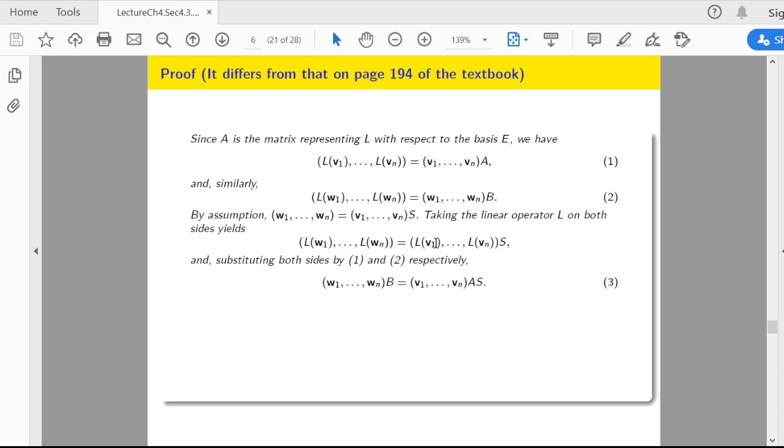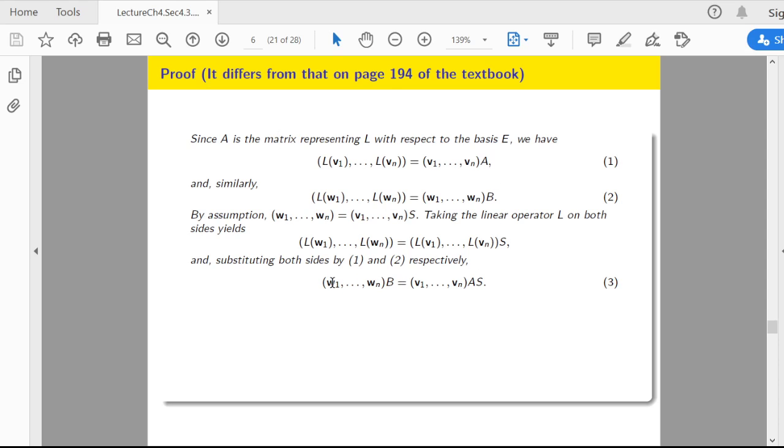For this equation, we do the substitution. Now take a look. The left side is the same as the left side of equation 1. So we substitute the left side by this one, and the right side by this right side.